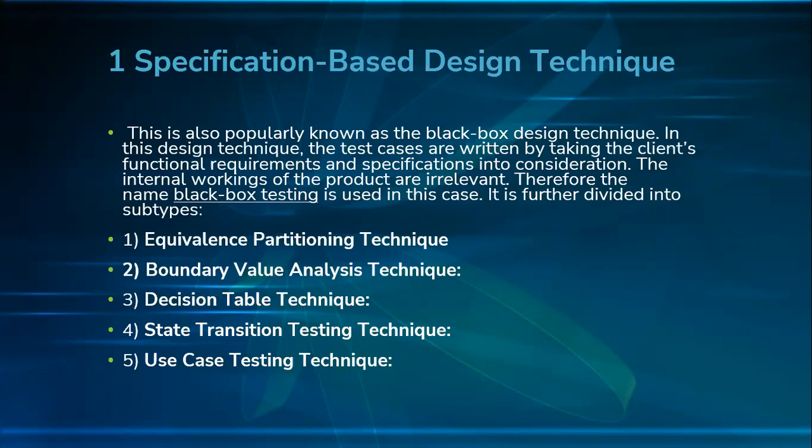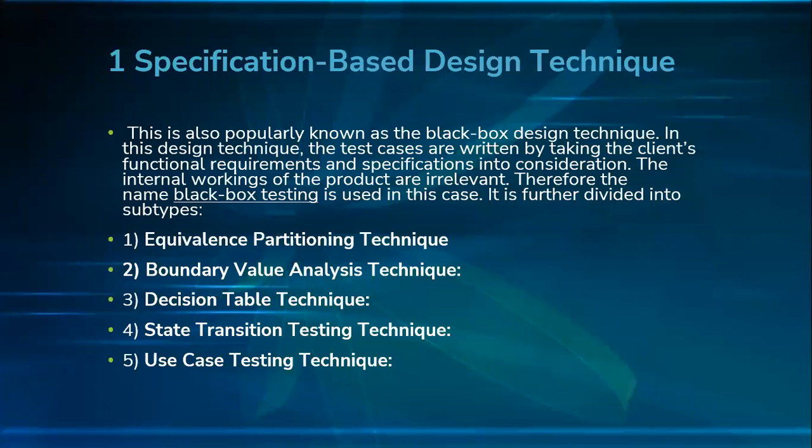But there are ways we now break down this technique when it comes to specification-based. And these 5 techniques are very, very key when it comes to designing your test scripts.